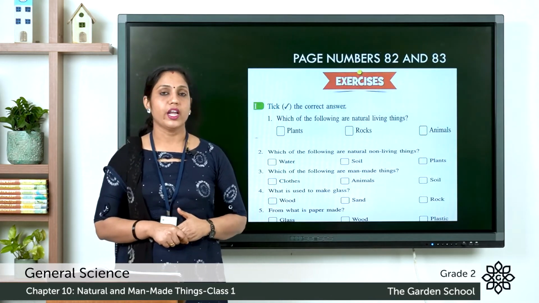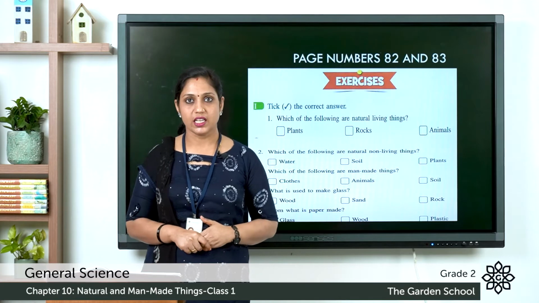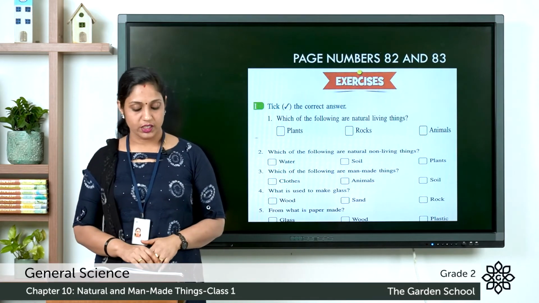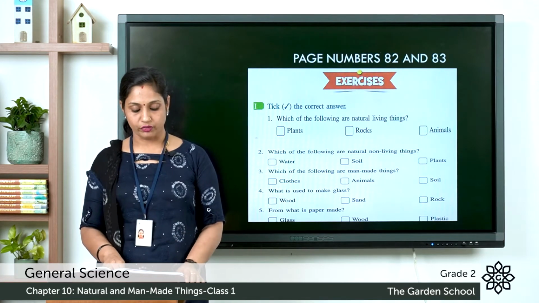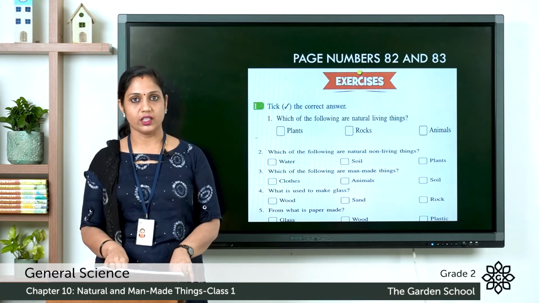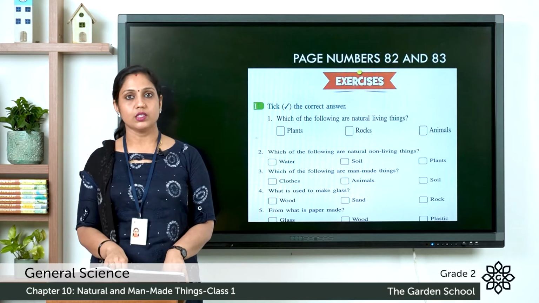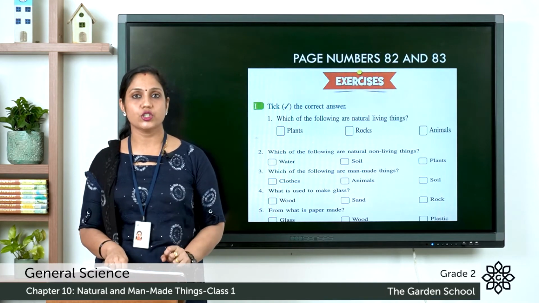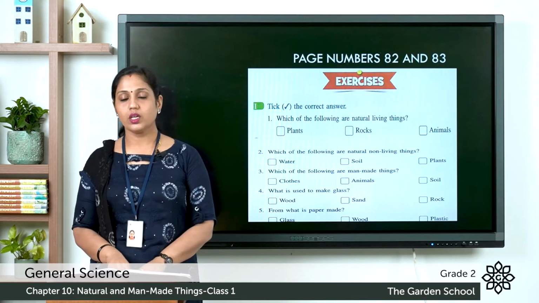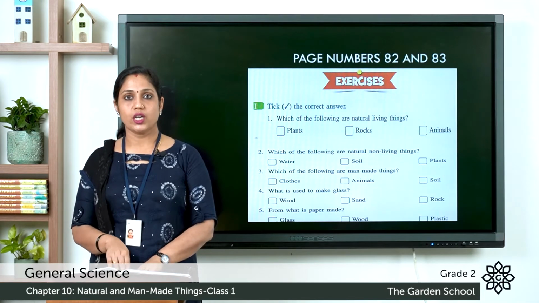Now in page number 82 and 83 we have exercises. Let's see. The first question, tick the correct answer. Which of the following are natural living things? And the options are plants, rocks, animals. So we have to tick which are natural living things. And the second one, which of the following are natural non-living things?